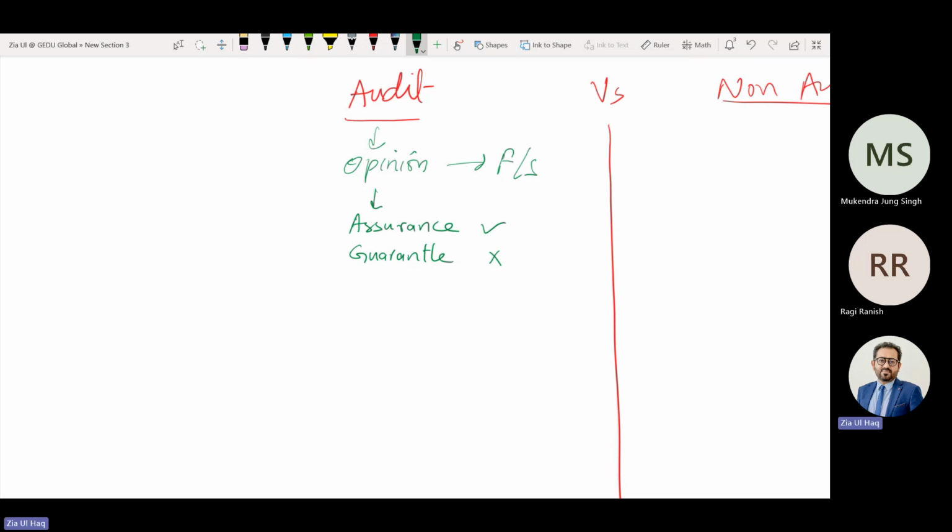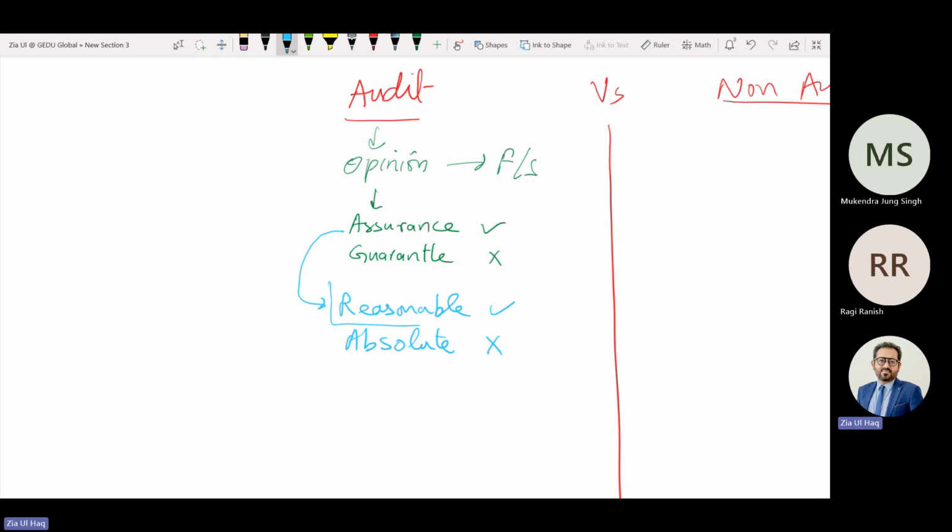So in audit, the auditor provides opinion on financial statement. In the opinion of audit, the auditor provides assurance rather than guarantee. And the assurance that the auditor has provided is called reasonable assurance rather than absolute assurance.